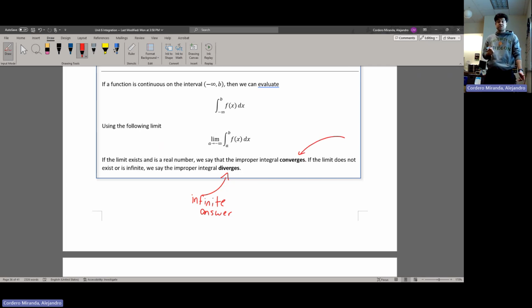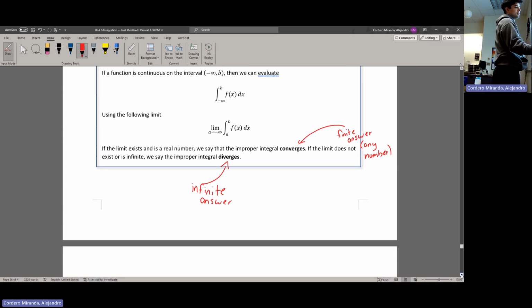Otherwise, you say converges, as in if I get a number out of my infinite integral, like I get 6 or something, then that's called converging. That integral converges. Finite answer. So any number.